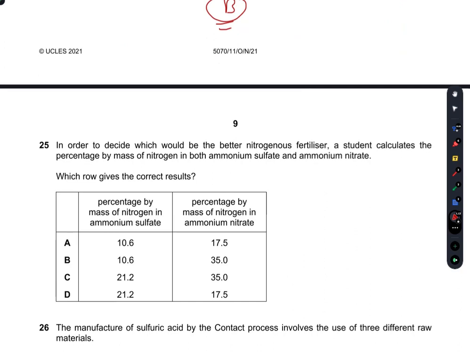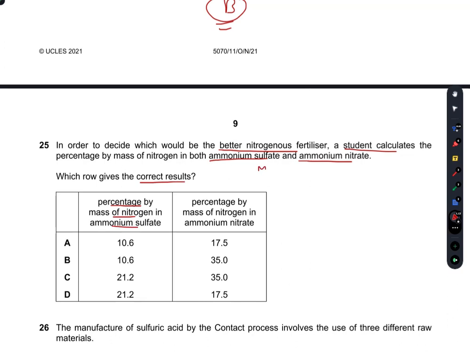In order to decide which would be the better nitrogenous fertilizer, a student calculates the percentage by mass of nitrogen in both ammonium sulfate and ammonium nitrate. So which row gives the correct results? Percentage by mass of nitrogen in ammonium sulfate.